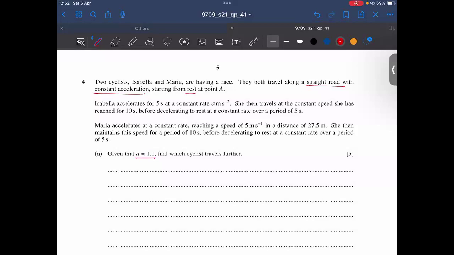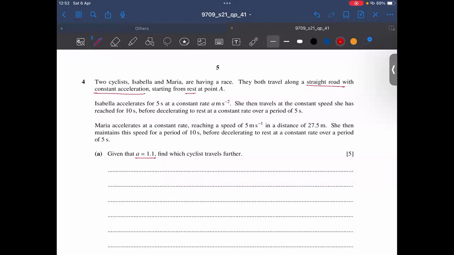Maria accelerates at a constant rate, reaching a speed of 5 meters per second in a distance of 27.5 meters. She then maintains the speed before decelerating to rest over a period of 5 seconds. Given that a equals 1.1, find which cyclist travels further.